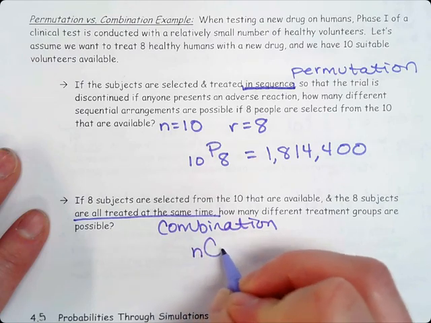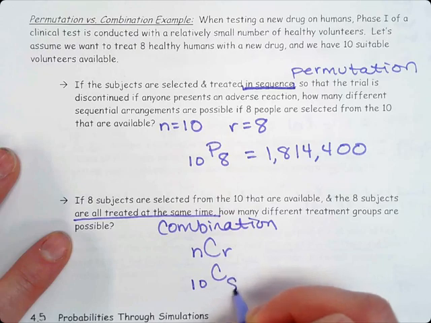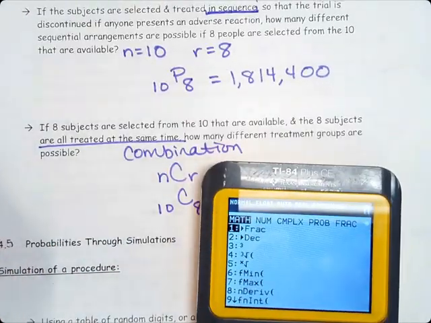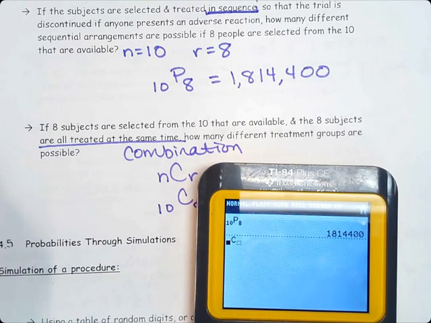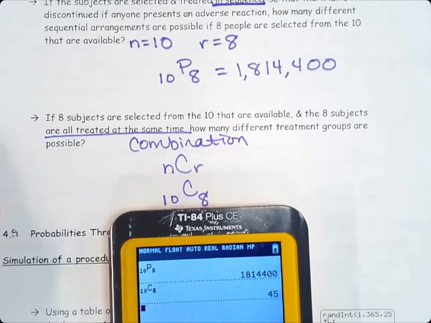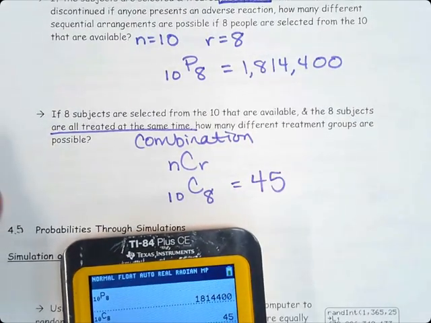So it's nCr. So 10 choose 8. So there's only 45 different groupings.